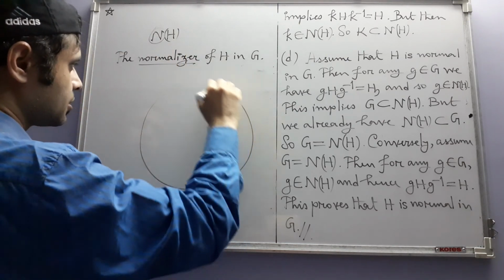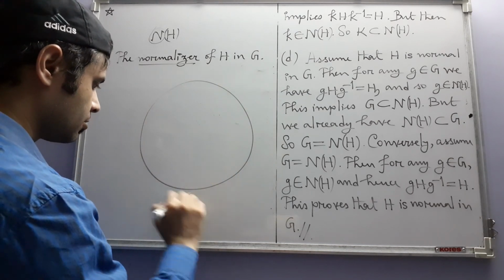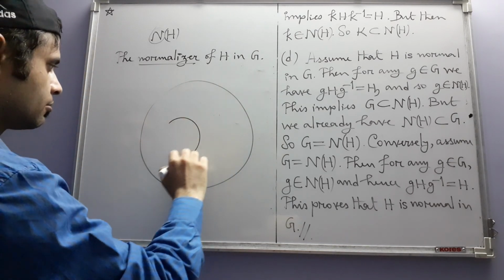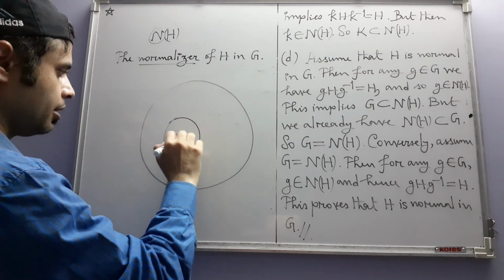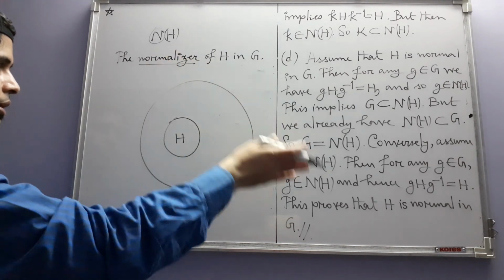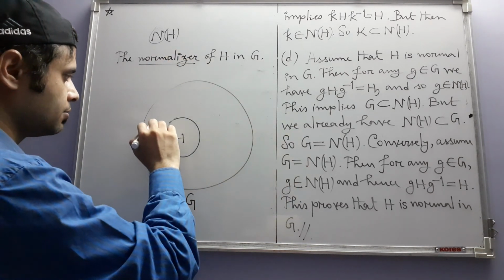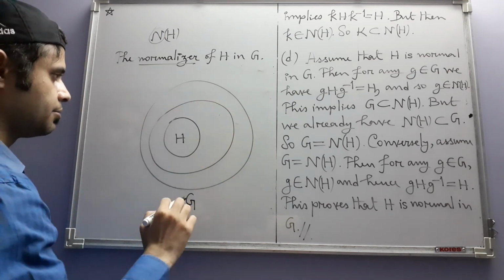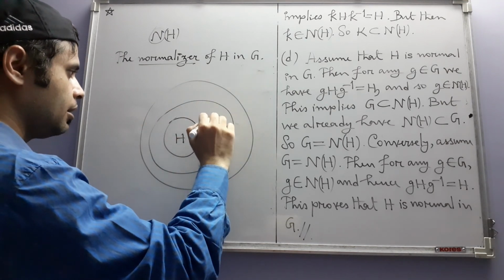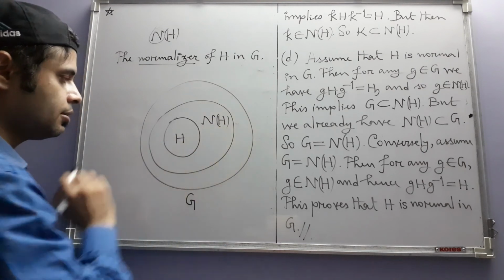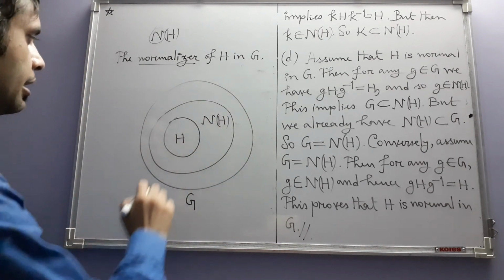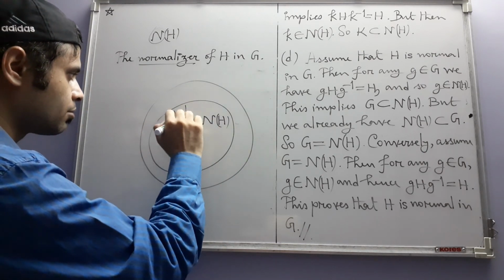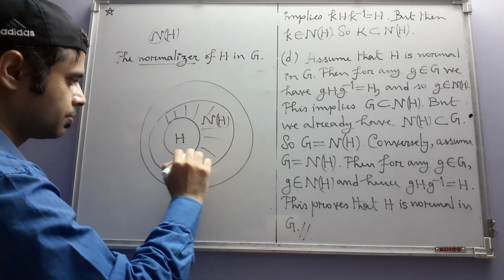In this sense, suppose G is your group, and this is your subgroup H. The exercise we have solved right now tells us that NH contains H as a subgroup. Not only that, H is normal in NH.